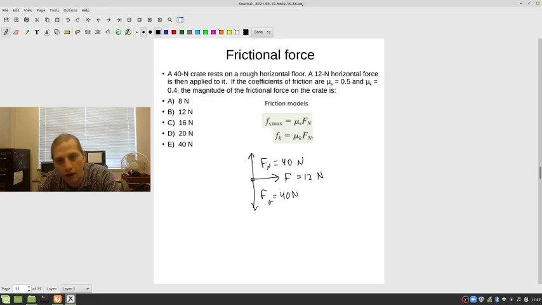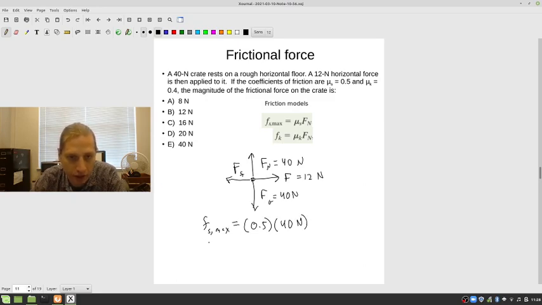Now, if I have an applied force pulling forward, my force of friction is going to go backwards. And in our friction models, we said that the force of friction is going to be different depending on whether or not the object is moving. If the object is staying still, there's going to be some static friction, which would be the coefficient of static friction, 0.5, times the normal force, 40 newtons.